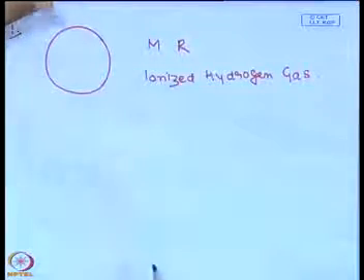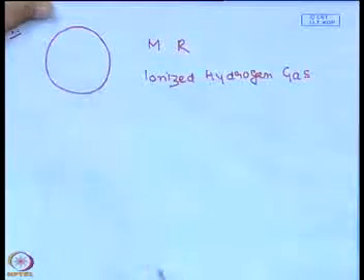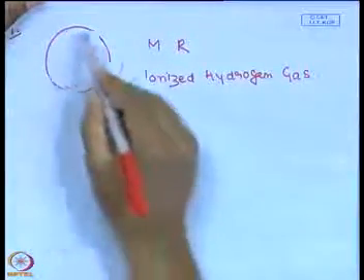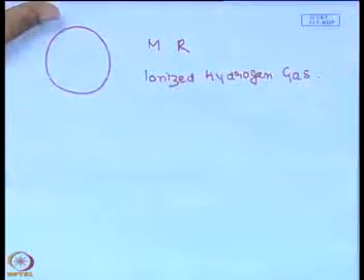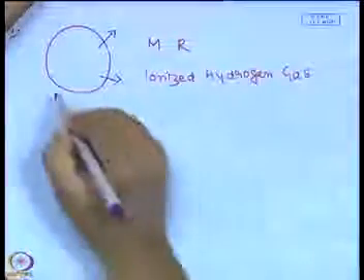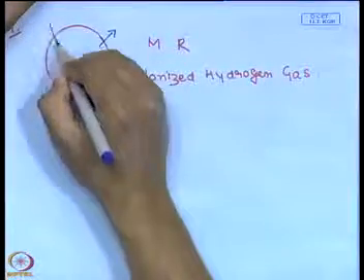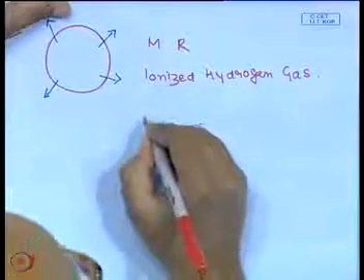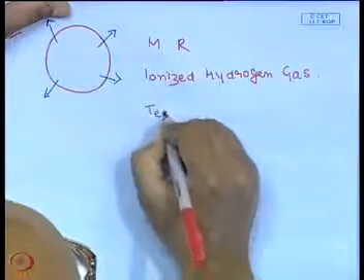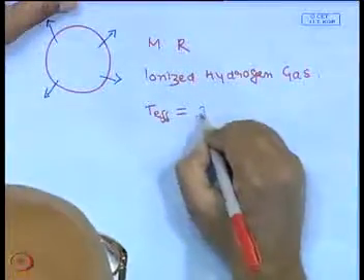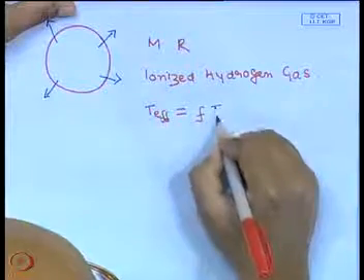We will assume that this sphere also emits radiation from the surface, at a temperature T effective, which is a fraction f of the virial temperature.